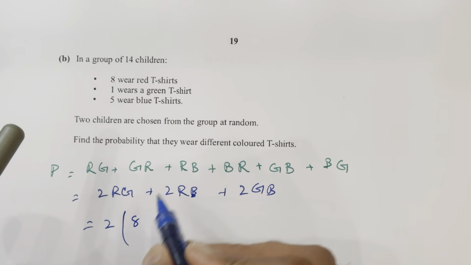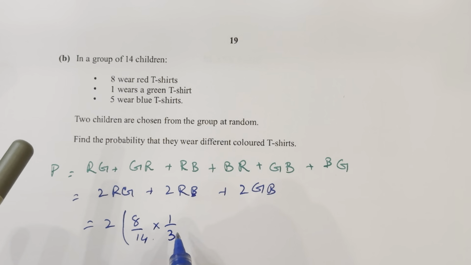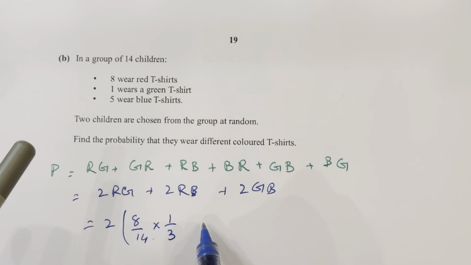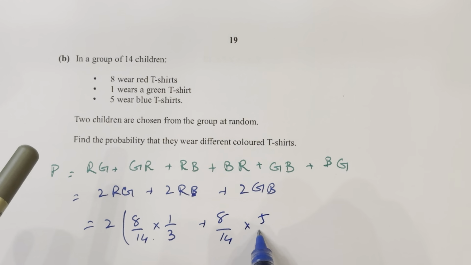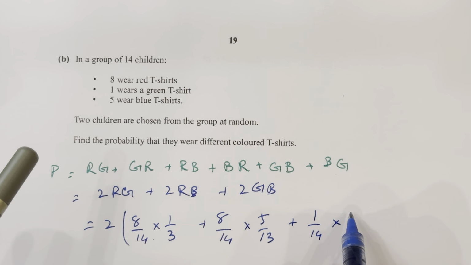It would be 8, and total value of shirts are 14, and after choosing 1, it would be 1 by 13, plus 8 by 14 into 5 by 13, plus 1 by 14 into 5 by 13.